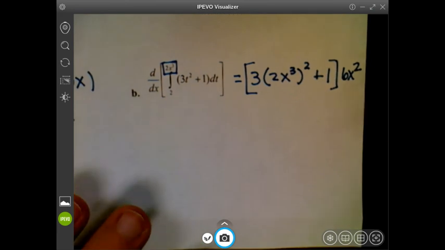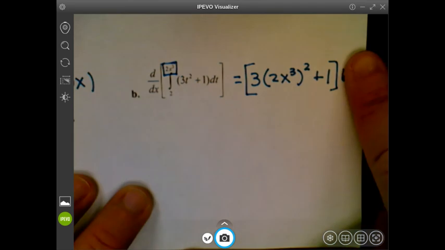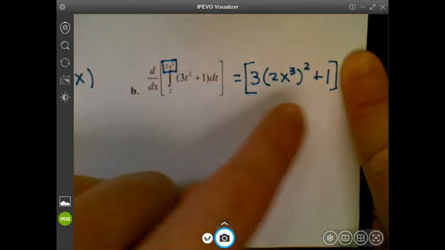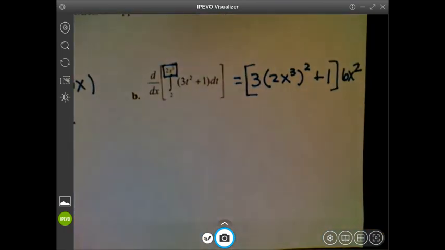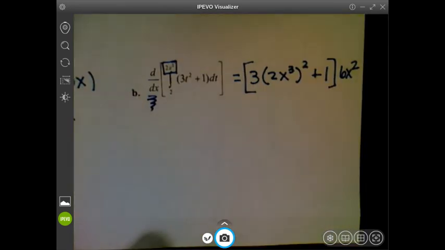And so on the AP exam, this would be a multiple choice question, and they would give you this one without this piece. Like they would simplify this, and that's what most students pick because they forget that if it's not just an x, if it's something else, you do have to chain rule because of the derivative piece there.